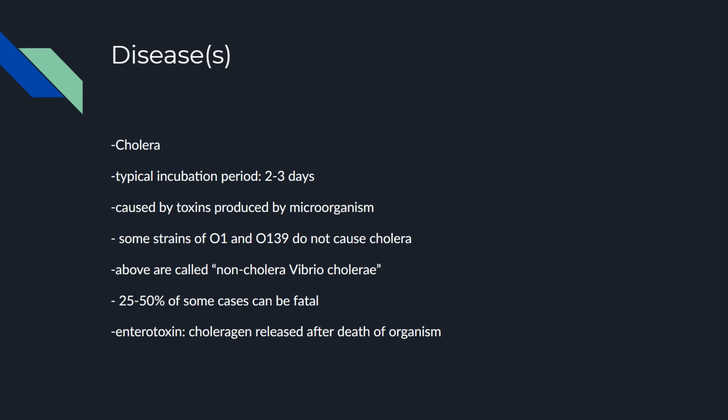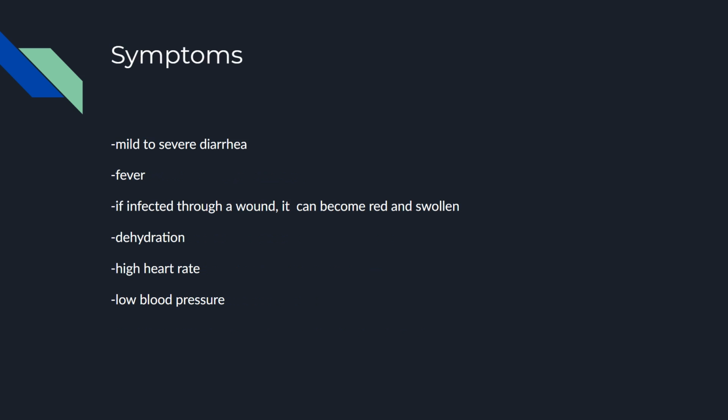The ones that don't cause cholera are also called non-cholera Vibrio cholerae. It should also be noted that 25 to 50% of some cases, especially the severe ones, can be fatal. And again, there's the enterotoxin called choleragen or cholera toxin. After the organism dies, it releases it.